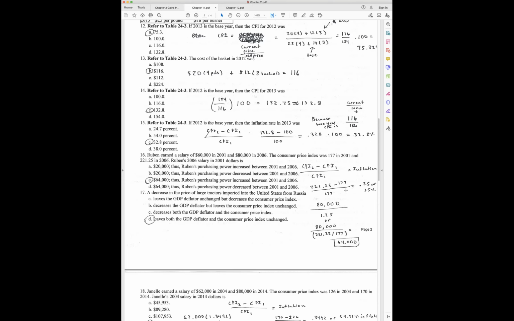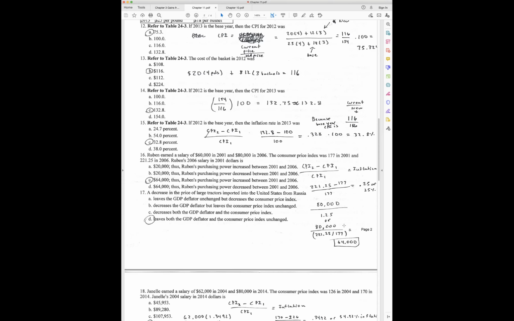Since that means prices have increased by 0.25, we basically have to take this 80,000 value and reduce it by 25%. That's where I got this 80,000 divided by 1.25.